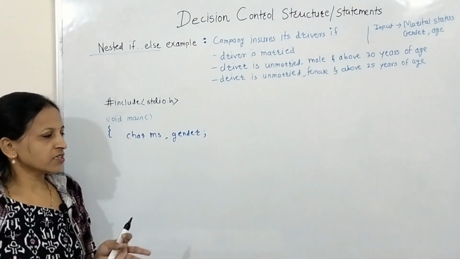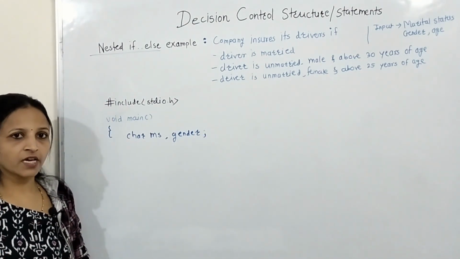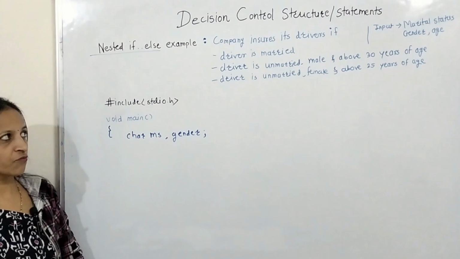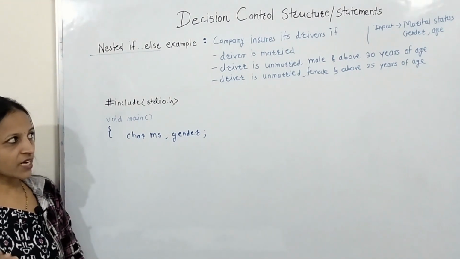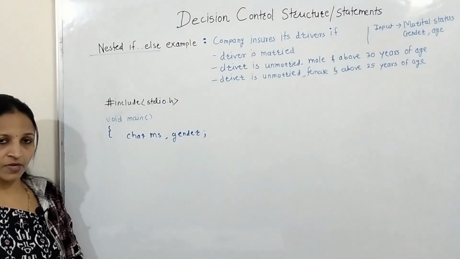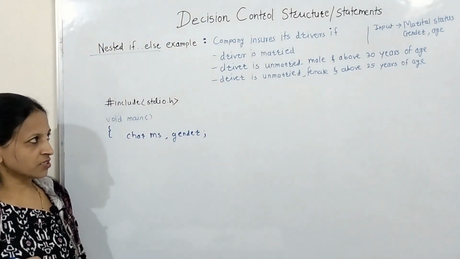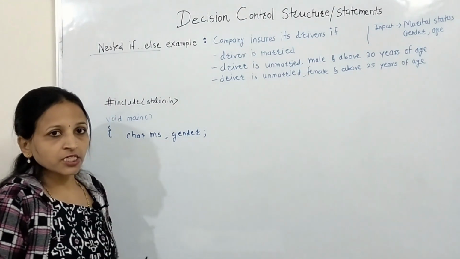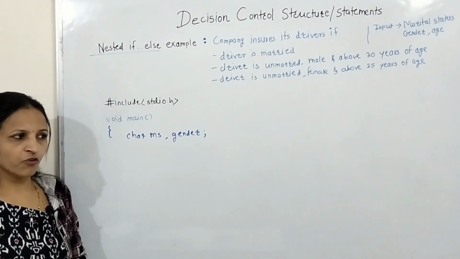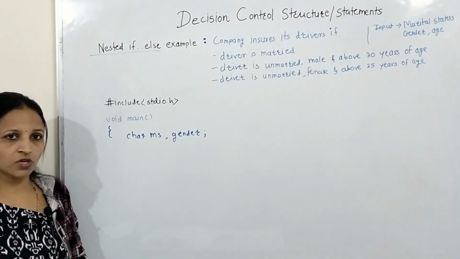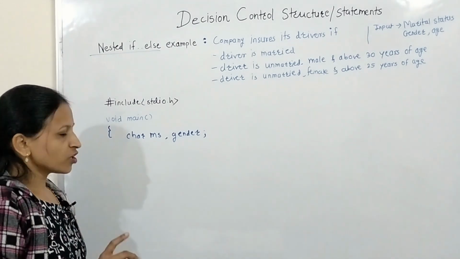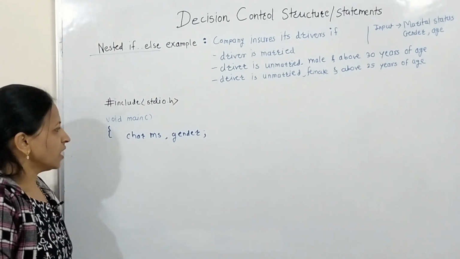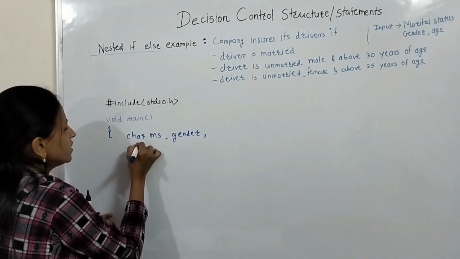Both will be character variables, because we accept only a single character: M and U for married and unmarried, and M and F for male and female, and based on that we will check the conditions. The next one is age, which will be in whole number format, so we will declare one integer variable, int age.